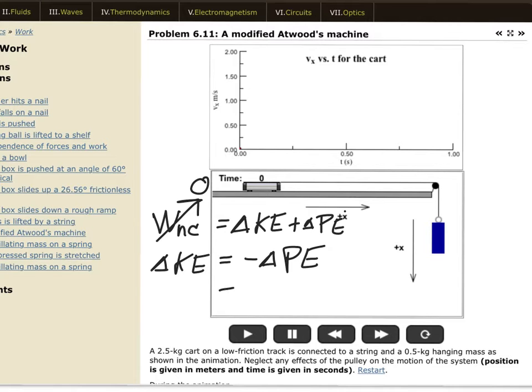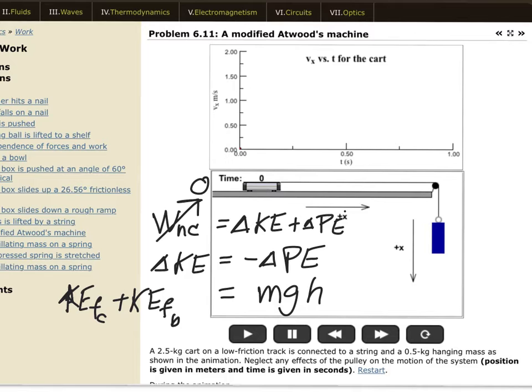And the change in potential energy only comes from the hanging mass. That's going to be mgh, which you need to measure, the h. And the kinetic energy is going to be the change in kinetic energy of the two objects. They both start at rest, so it's going to be KE final for the cart plus KE final for the block or the hanging mass.